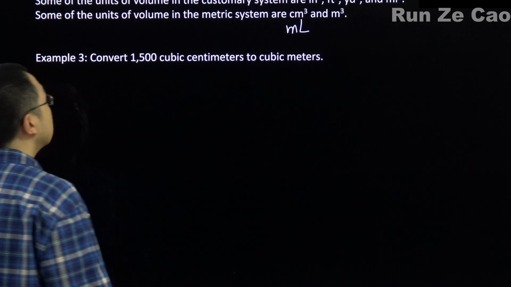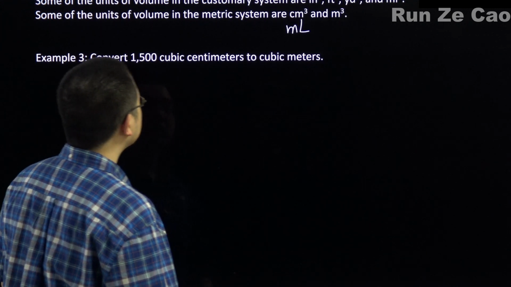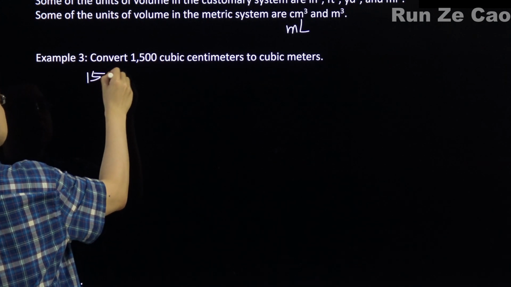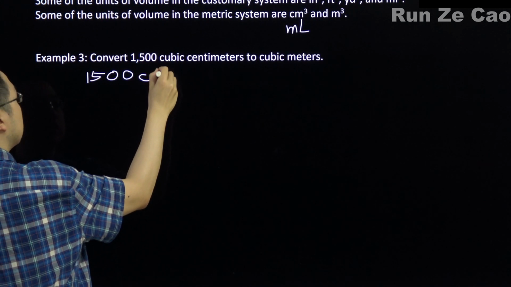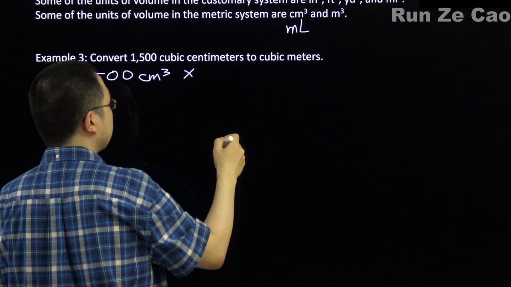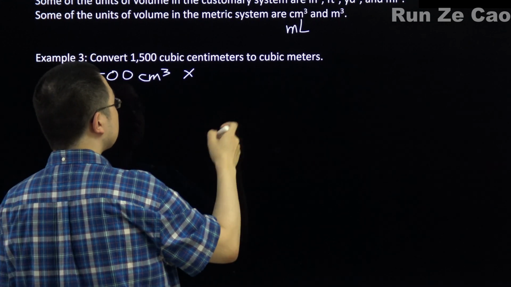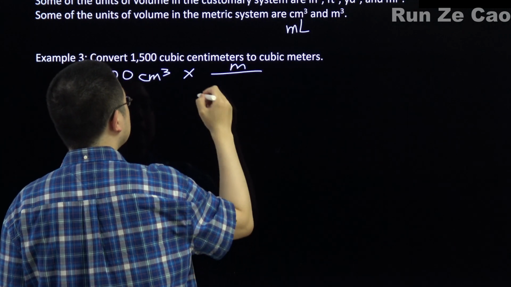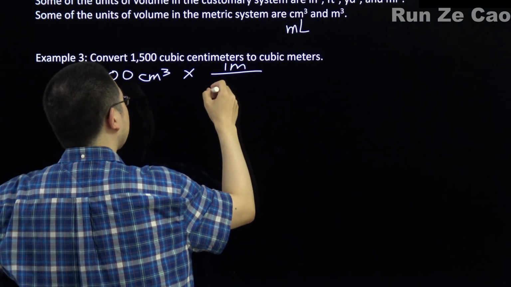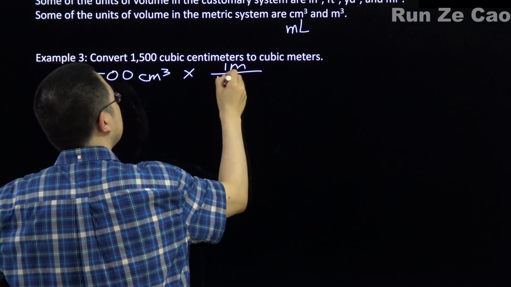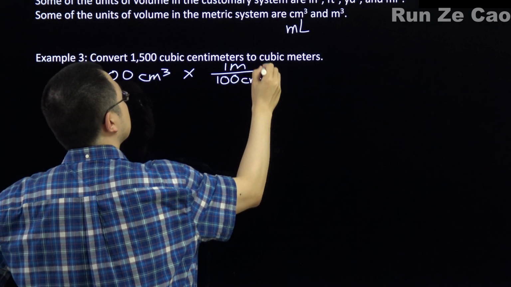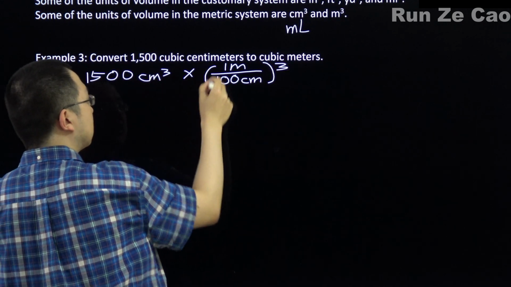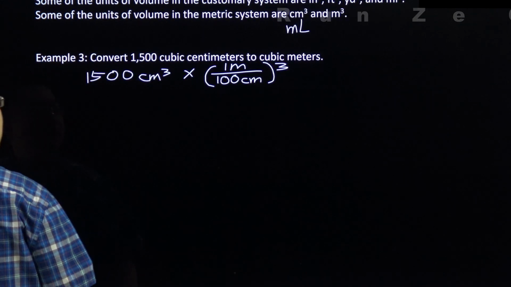Convert 1,500 cubic centimeters to cubic meters. Well, 1,500 centimeters cubed. When you multiply, you're going to need to convert this to cubic meters, so meters should be on top. And, well, 1 meter specifically. How many centimeters is this? This is 100 centimeters. And you got to cube this so that the centimeters cubed, the units eliminate.